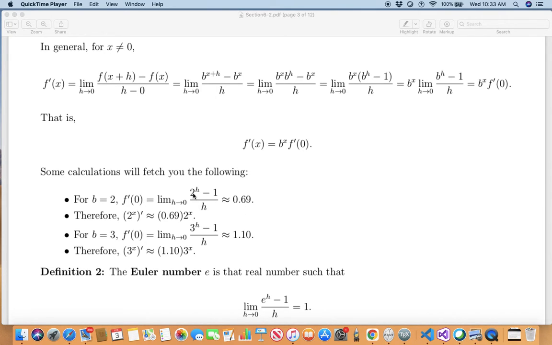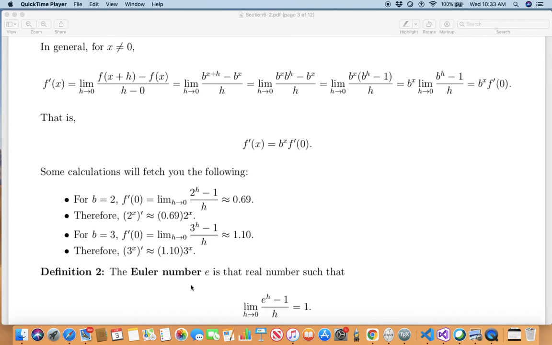So between 2 and 3, there should be a real number whose derivative at 0 is precisely 1. That number is the Euler number.